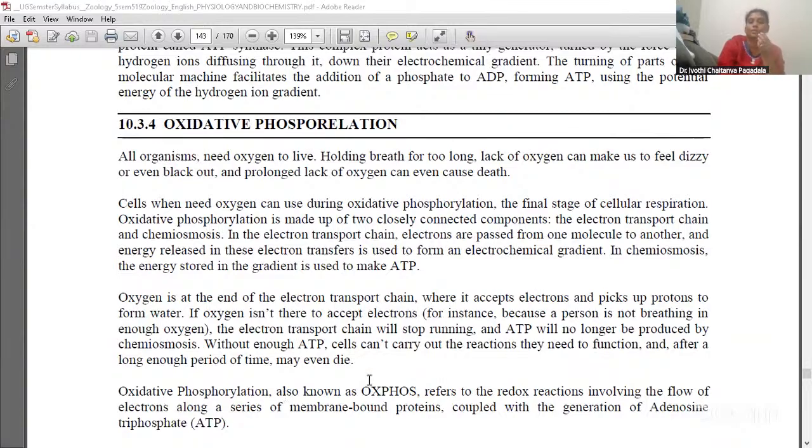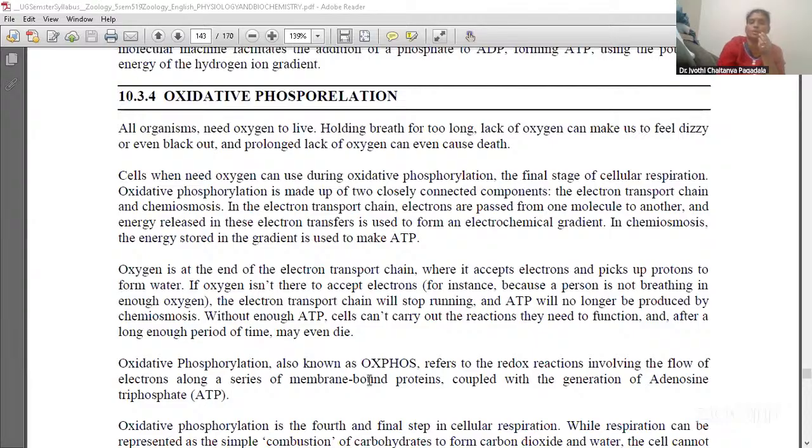Oxidative phosphorylation is also known as OXPHOS, where OX stands for oxidative and P stands for phosphorylation. That refers to the redox reactions, which involve the flow of energy molecules, electrons, along a series of membrane-bound proteins, coupled with the generation of adenosine triphosphate.